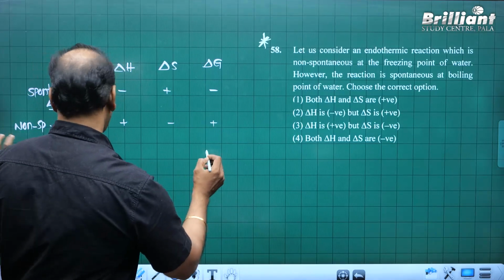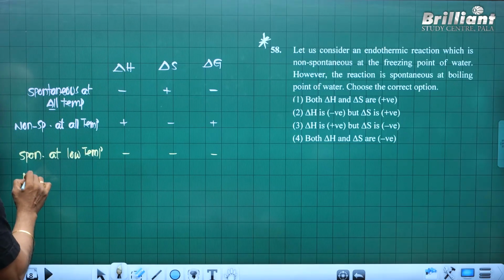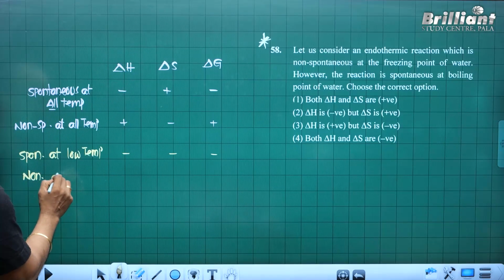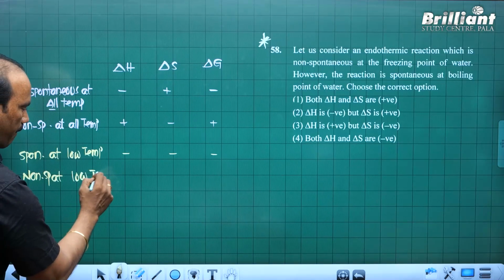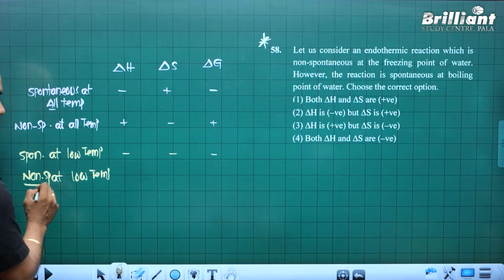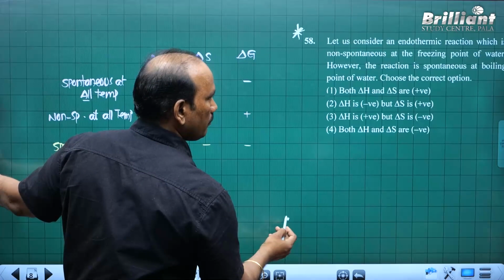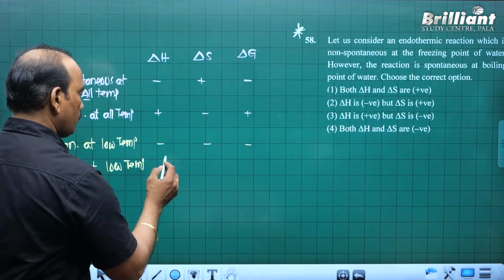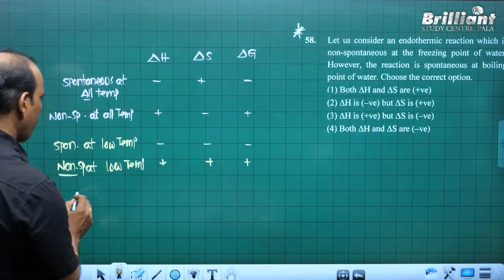Then it is spontaneous, with all negative signs. Non-spontaneous at low temperature, non-spontaneous. The deciding factor is this one. So this is a plus, plus and plus, at low temperature.